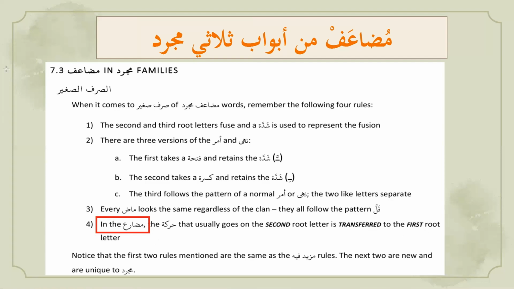Okay, so suppose in Daraba family, for the present tense is yadribu, right? Yadribu. So this kasra, which is coming on the second root letter, ya is the symbol of mudare. Actually, the dod here is the first letter, ra second letter, and ba is the third letter. So the haraka that is there in the second letter moves to the first letter.